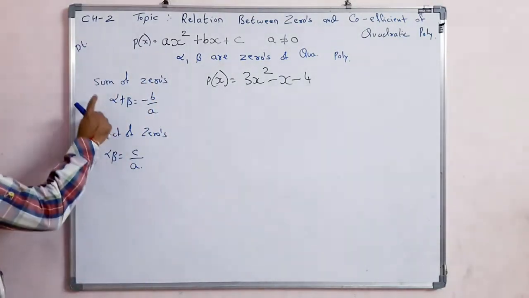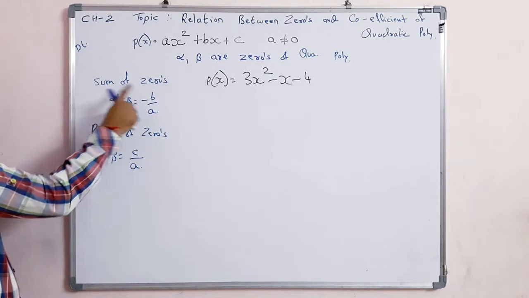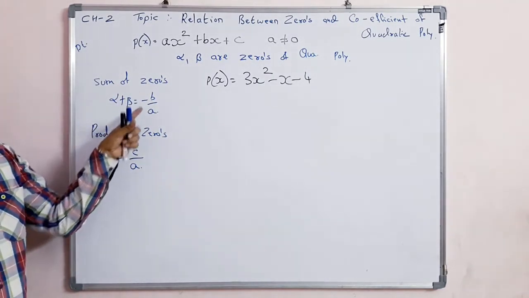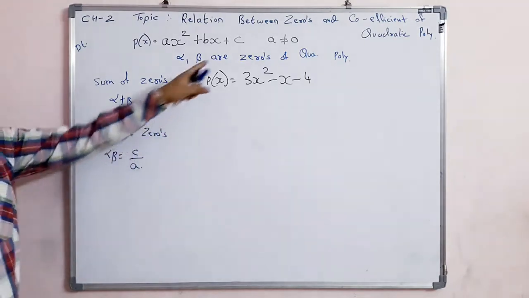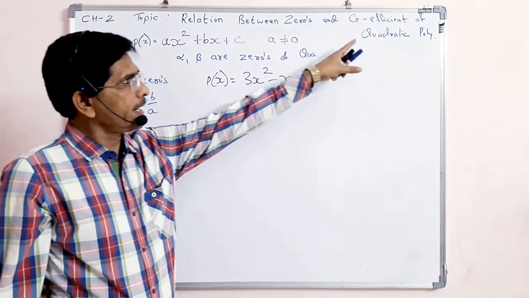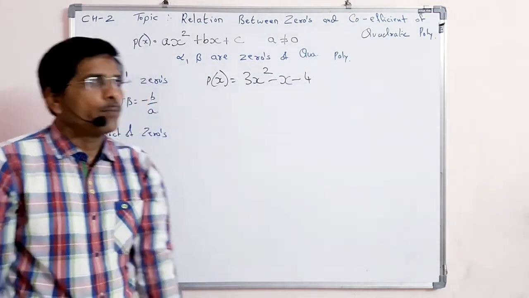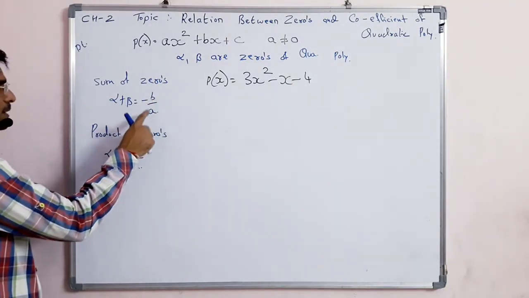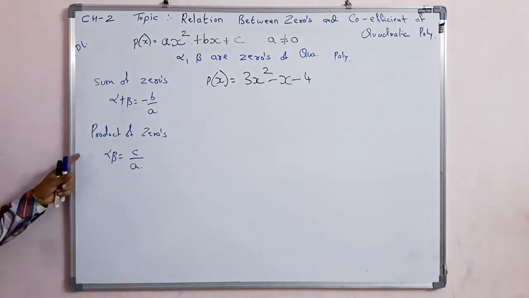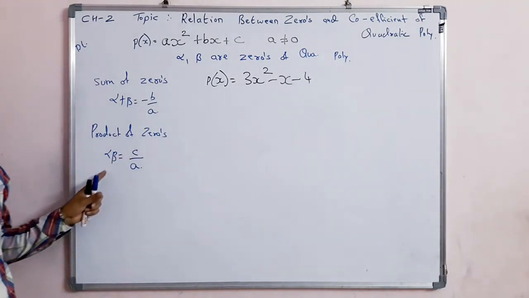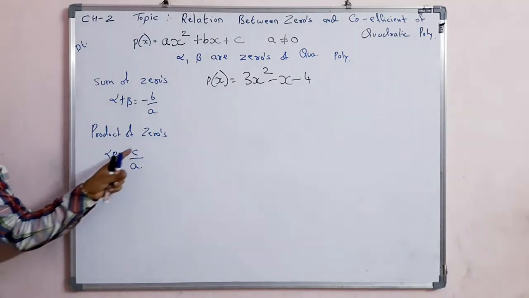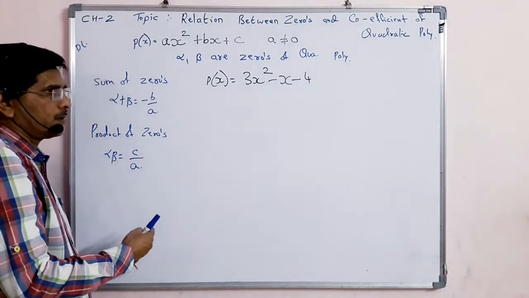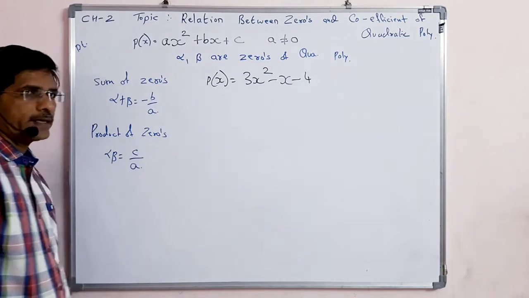The sum of zeros, alpha plus beta, is equal to minus b by a, and the product of zeros, alpha into beta, is equal to c by a. This can be explained properly by a particular example.